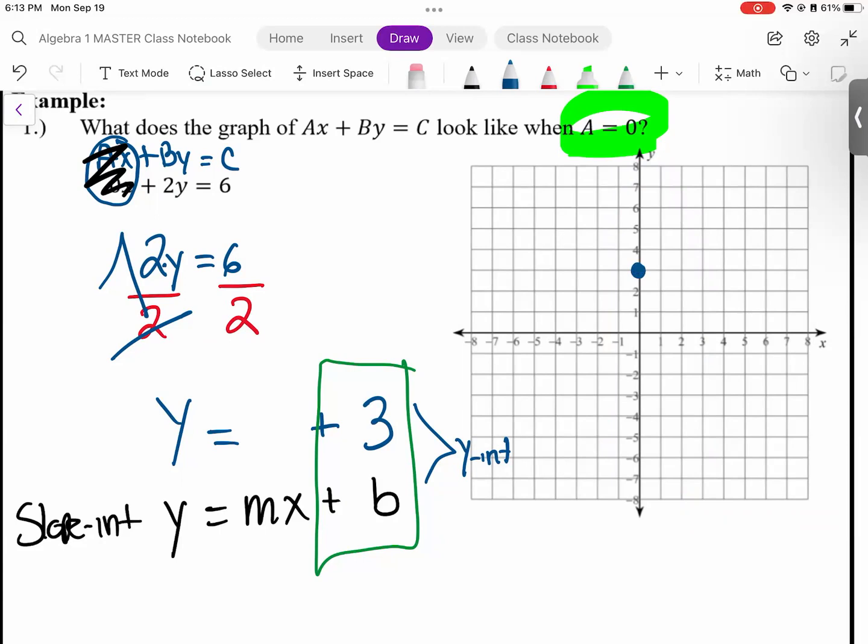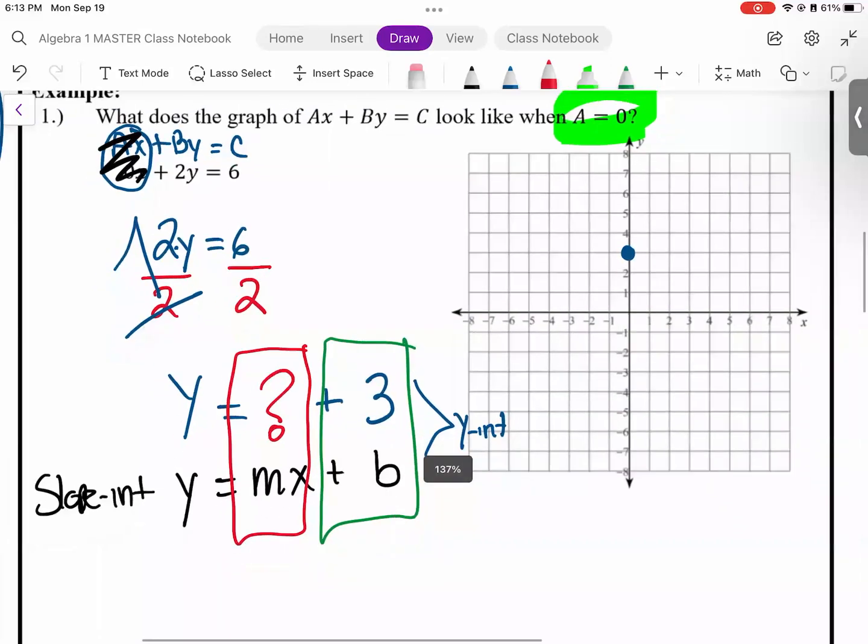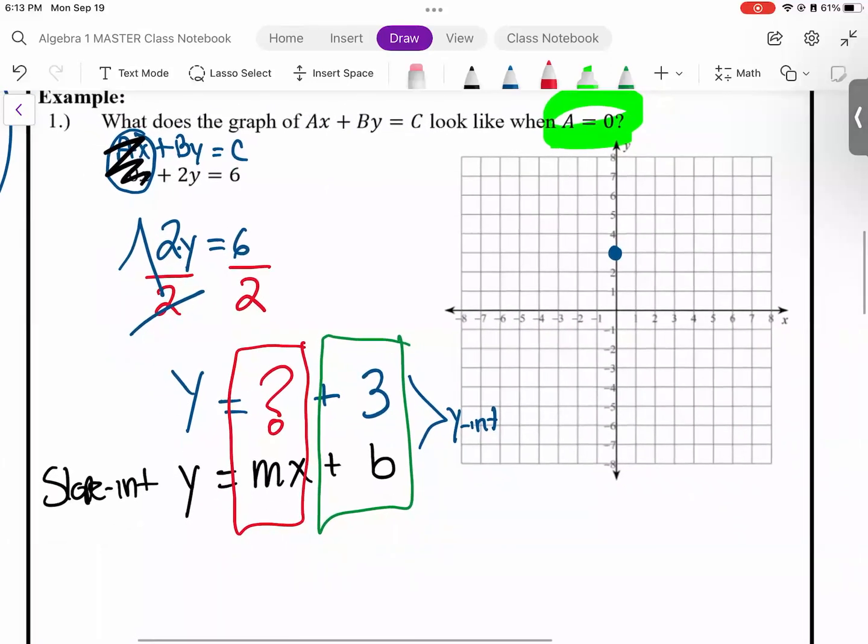Okay. However, if you notice, there's no m. So in this case, because there is no m, that means that your m value in this case is 0, which means that there's no rise or run.